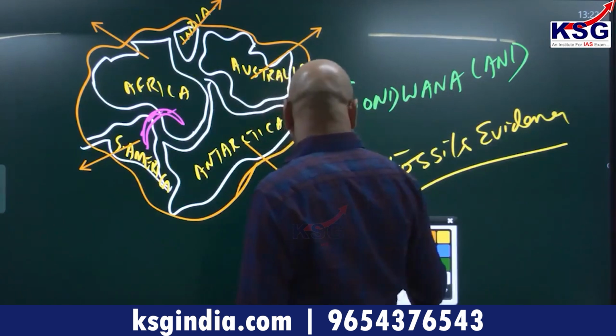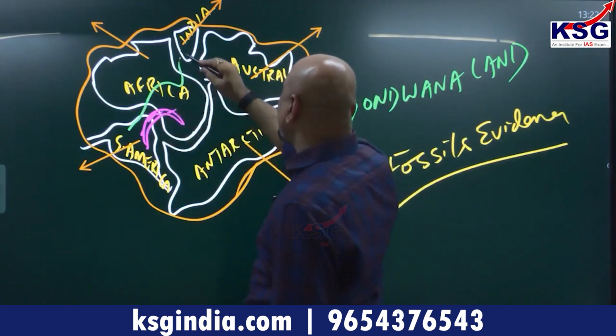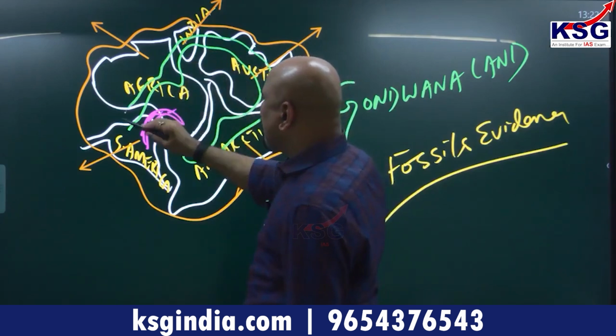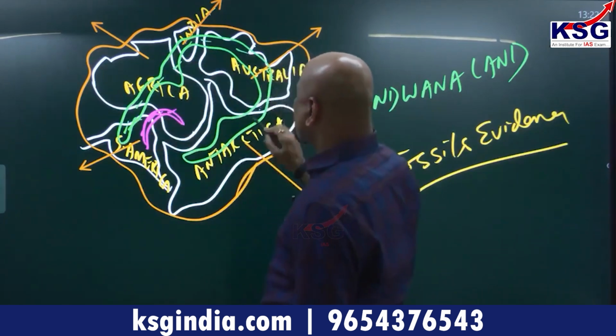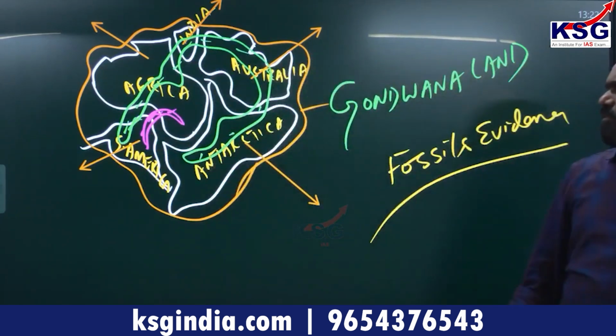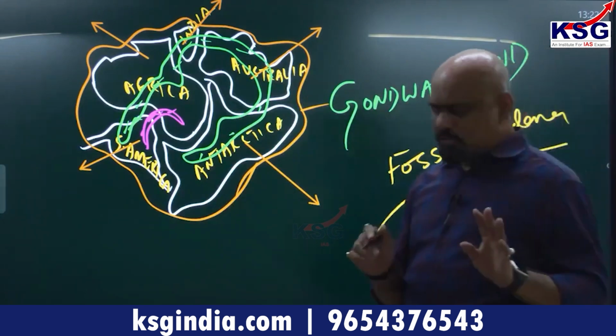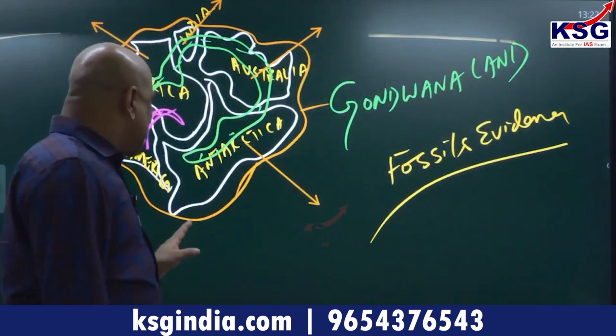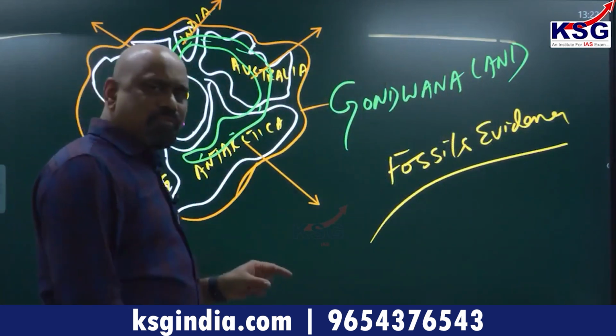He said there is a glossopteris, a plant fossil, which you will find in this whole region. So he talked about many things. I think they are not going to ask you the evidences; in the mains they have already asked. They will not give you questions on this. But yes, the driving force they can ask.